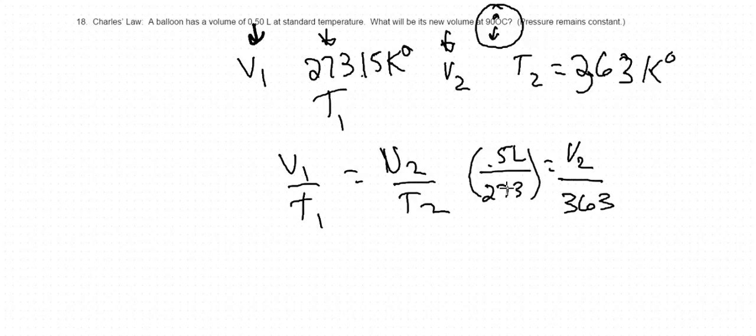So solve for V2. What do you do? I have to times both sides by 363.